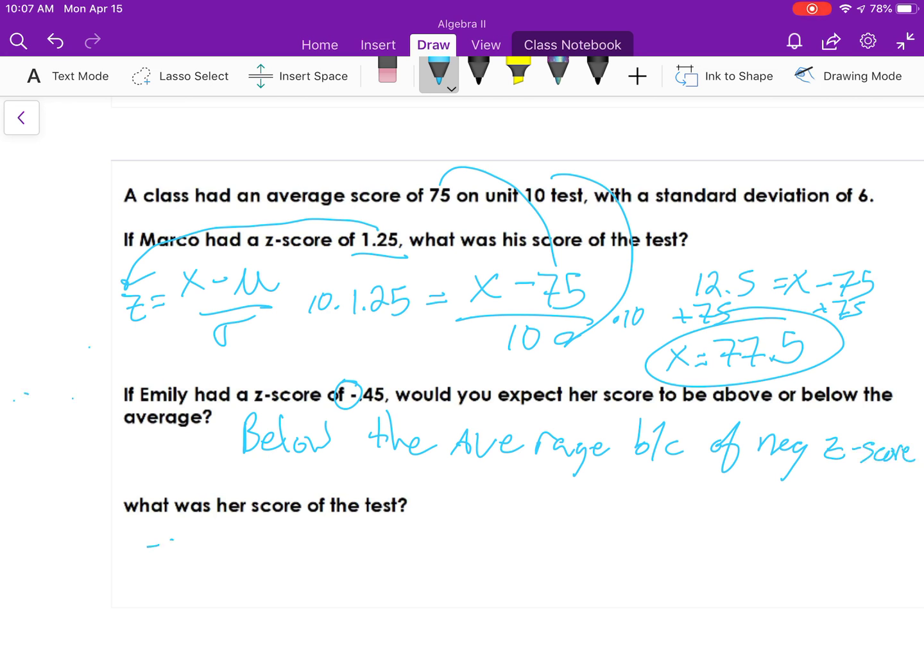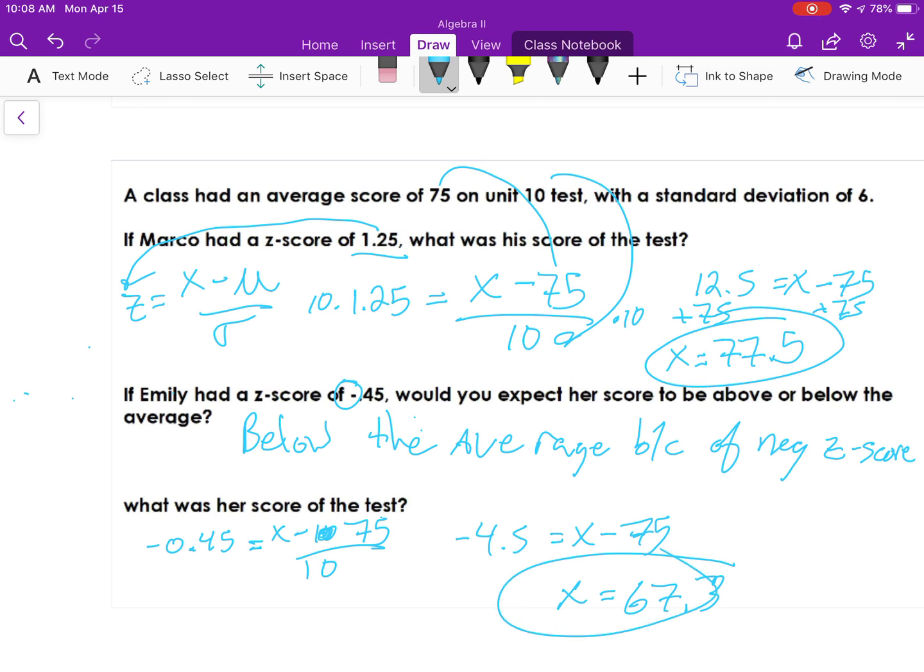So same concept, just with a different Z-score. We're going to, 75 right there, multiply by 10, add the 75, and get an original score that she got was 67.3. Okay, so that's her original score, which makes sense. Again, it should be below the average because she got a negative Z-score.